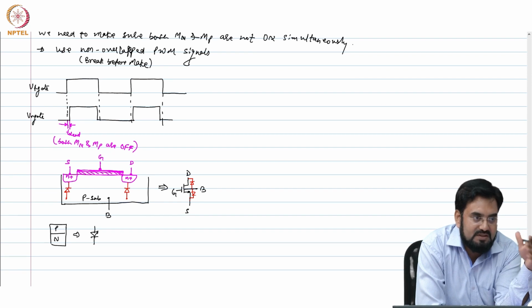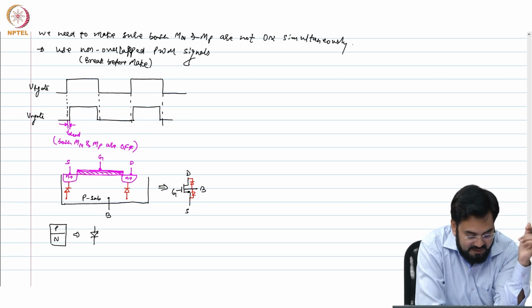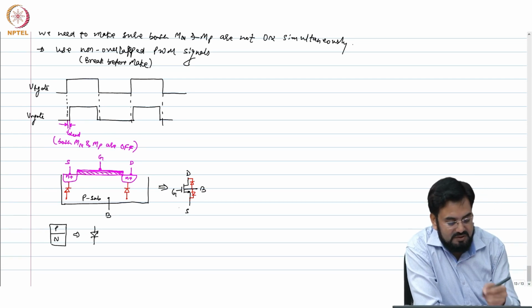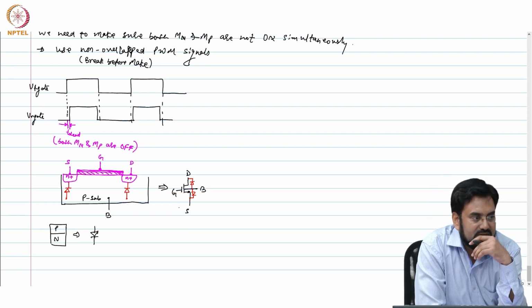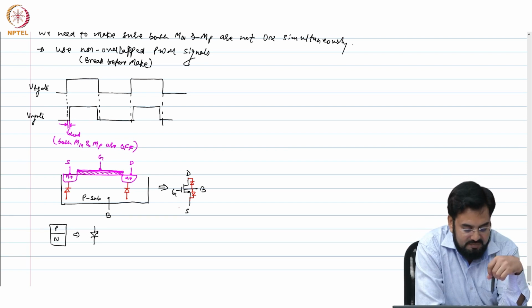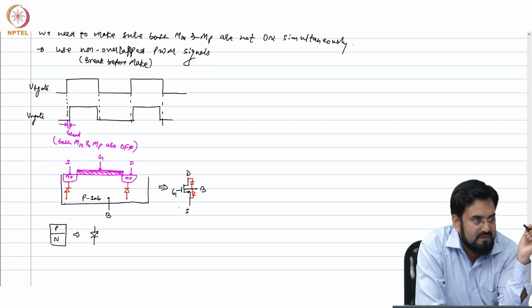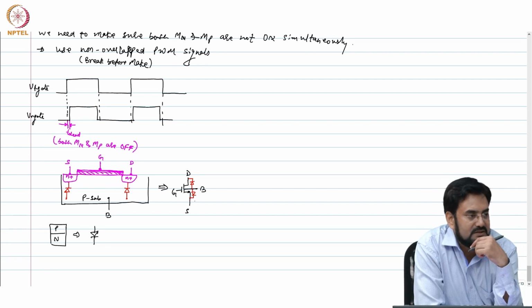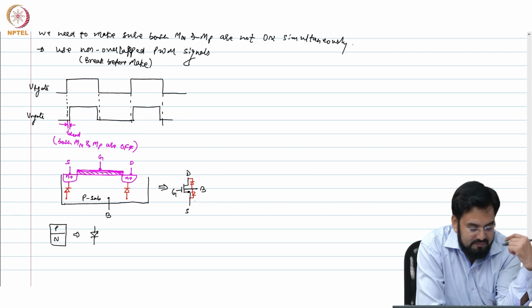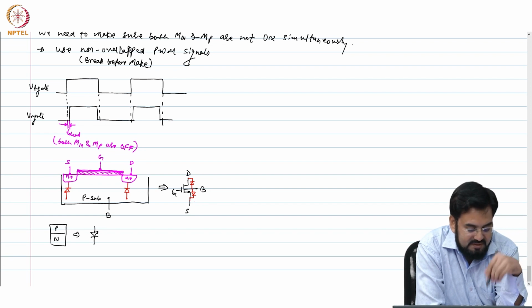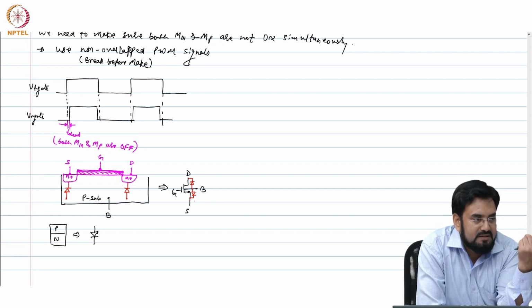For PMOS it's tied to the highest voltage, because the body is N type there, and source and drain diffusions are P type. If you connect to the ground, the diode between bulk and source will go away if you short bulk to ground and source is also grounded. So the diode left is bulk and drain.